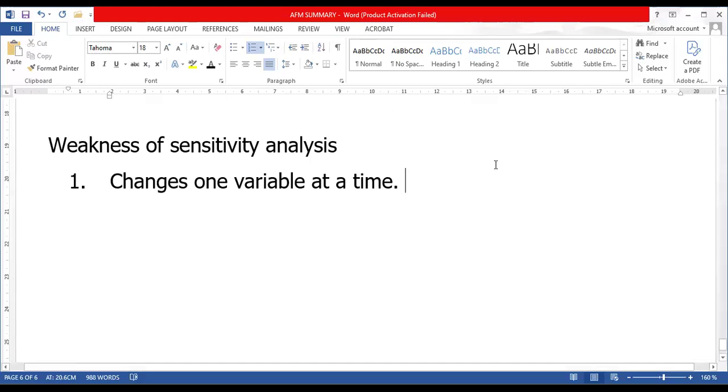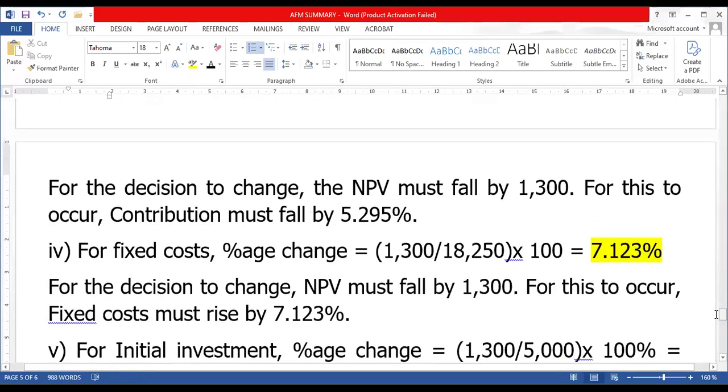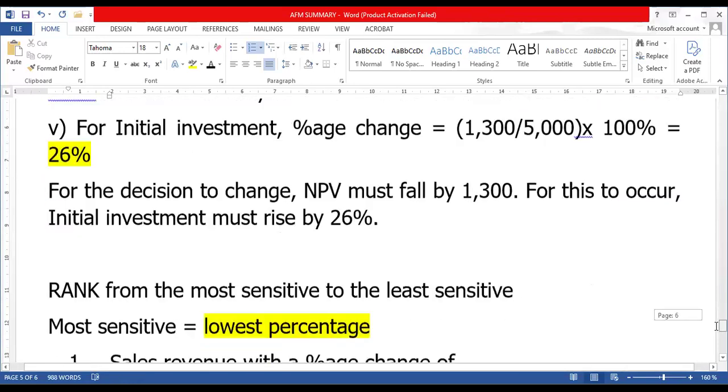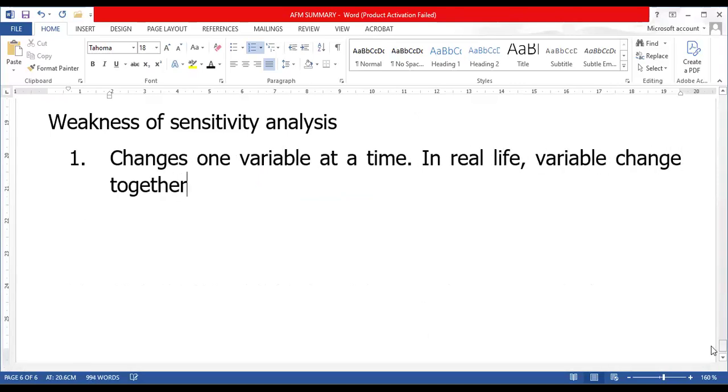You see, we are commenting on every variable separately. So it means that the analysis is based on only one variable. But in real life, variables change together.